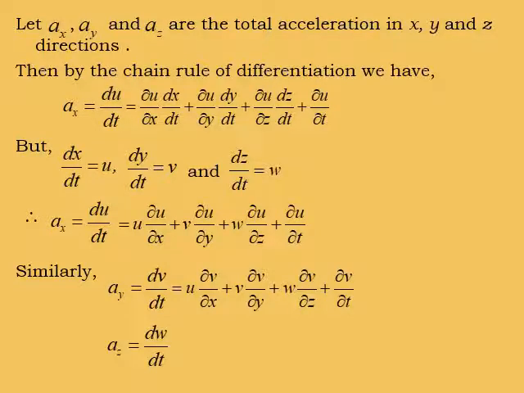And in the direction of z, a z is equal to dw by dt, which is equal to u into dou w by dou x plus v into dou w by dou y plus w dou w by dou z plus dou w by dou t. So these are the expressions for acceleration in three different directions by the chain rule of differentiation.